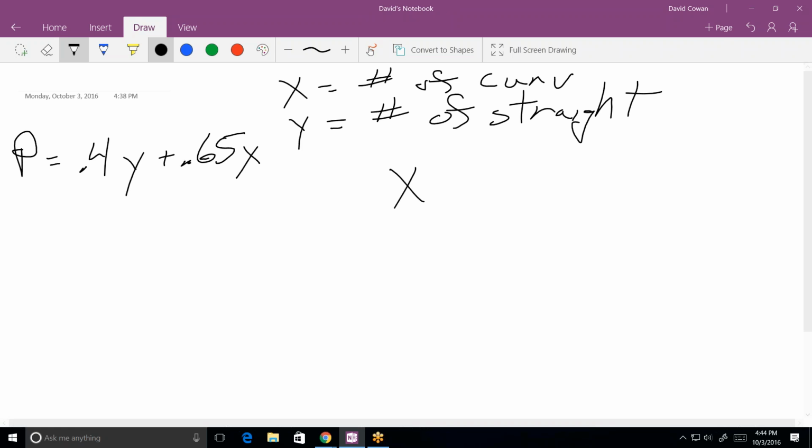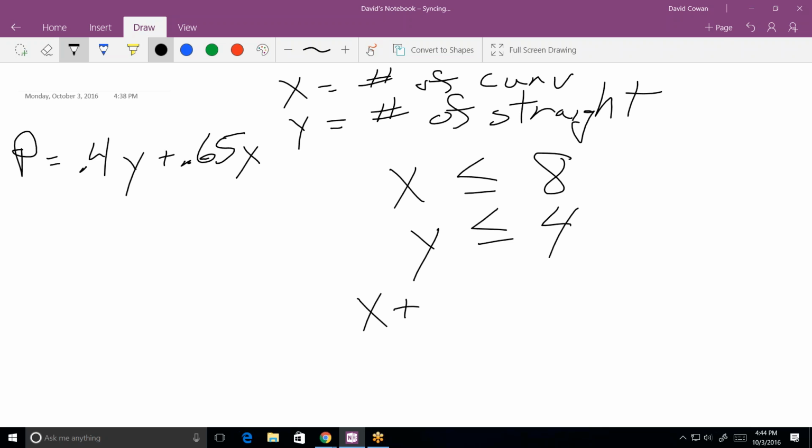So what's X? X would be less than or equal to 8, right? And then Y would be less than or equal to 4. What else? No set will contain more than 36 sections in all, or more than 20 sections of either type. So X plus Y is what?